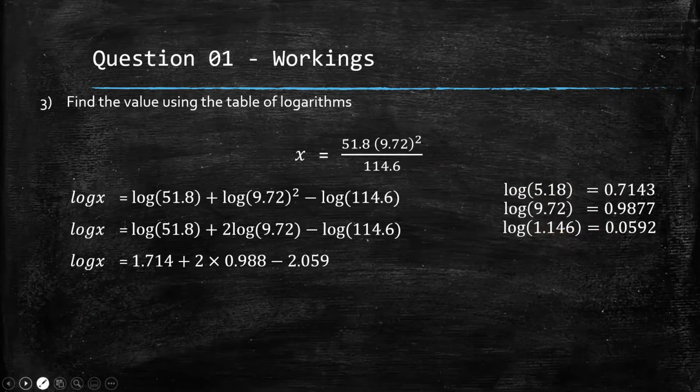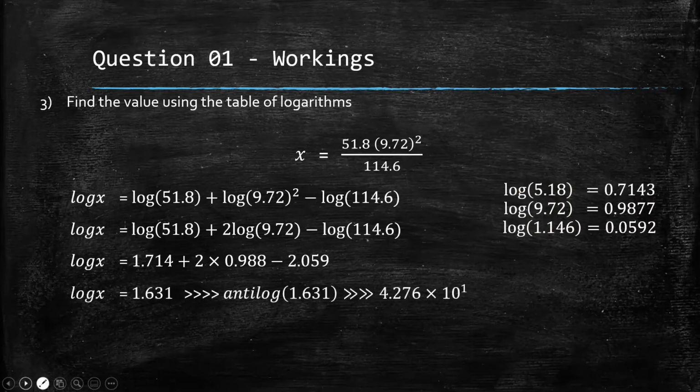So once you do that, you can obtain this 1.714. I keep it to the third decimal point, so it is 1.714. And here it is 0.9877, so 0.988 for the third decimal point.